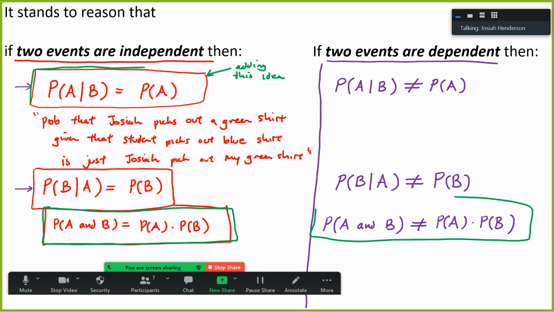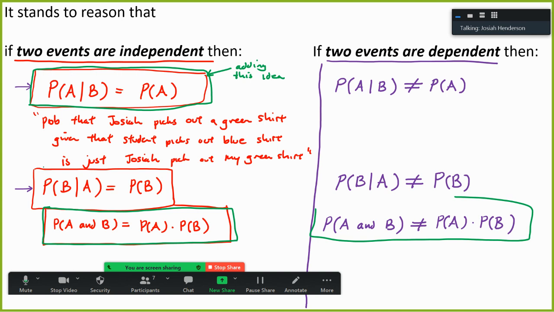So this top equation, what I'm boxing in green, what this means is if the two events are independent, if me picking a shirt and Manaya picking a shirt don't affect each other, which they don't, then the probability that I pick a green shirt, given that Manaya has already picked out her shirt, is just the probability of me picking a green shirt because they're not affecting each other.